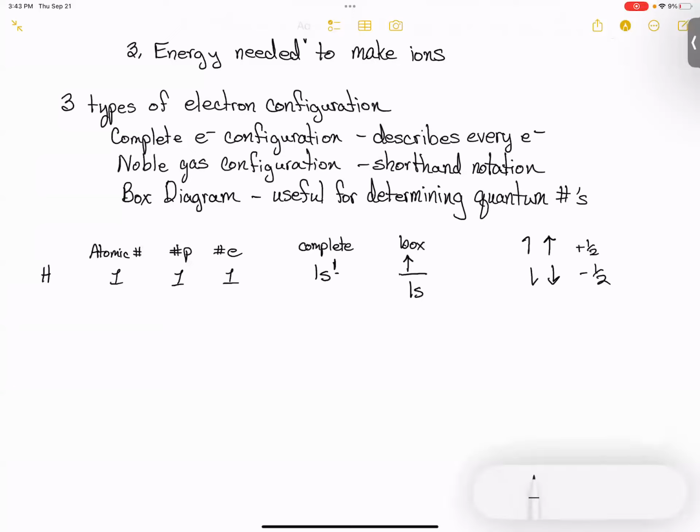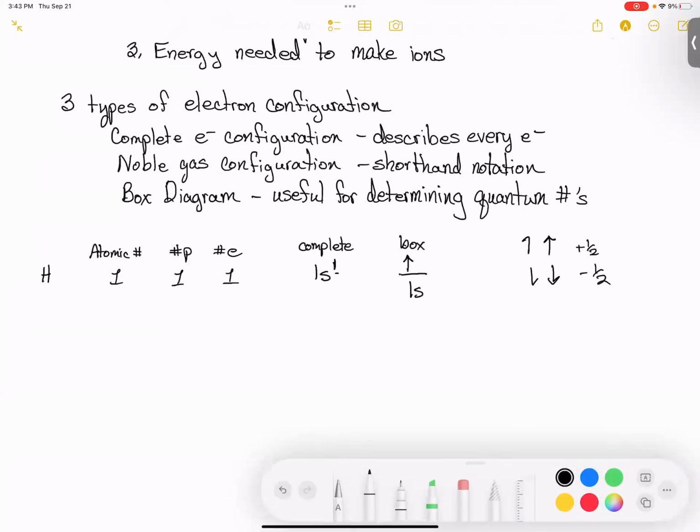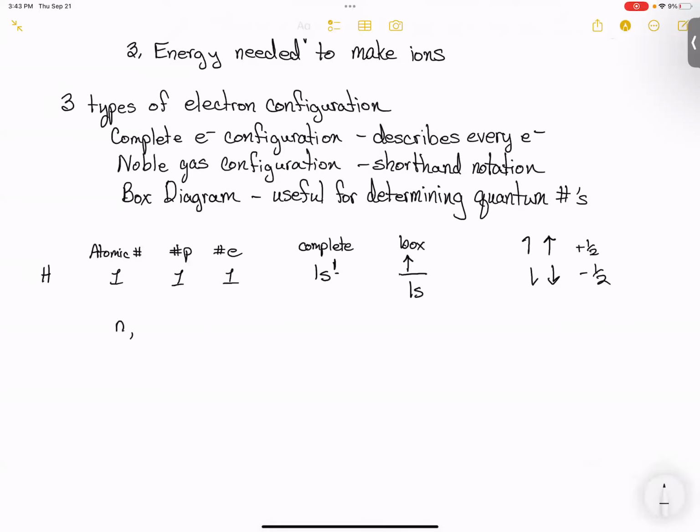Now when we write our quantum numbers for anything, we always do so in this order. So you always list the principal quantum number first. In other words, we always go from furthest out and narrow it down and narrow it down. So we always start with the principal and go from there.